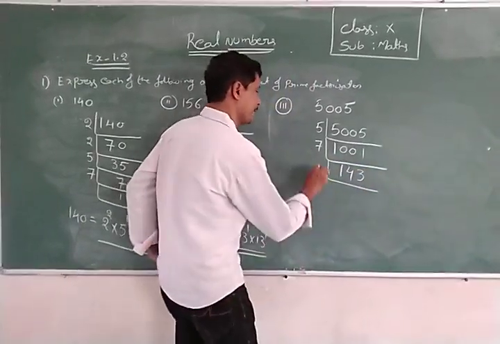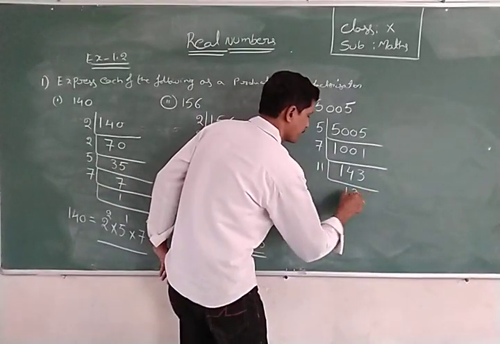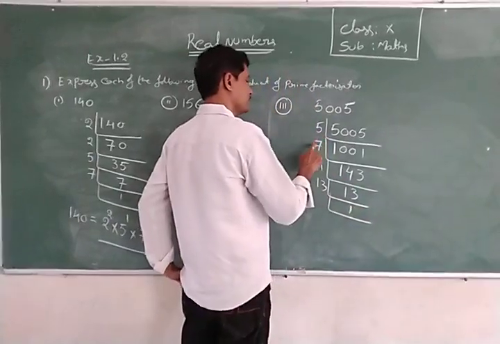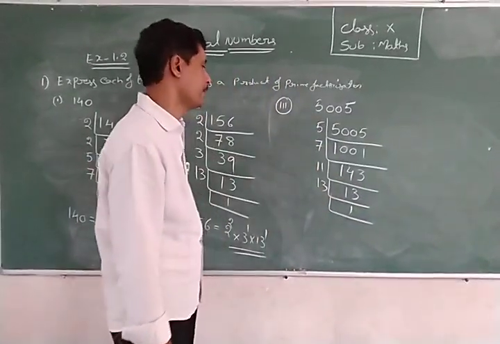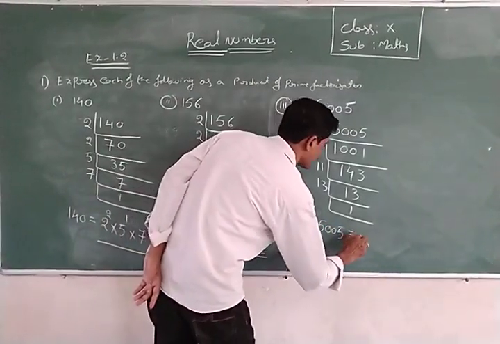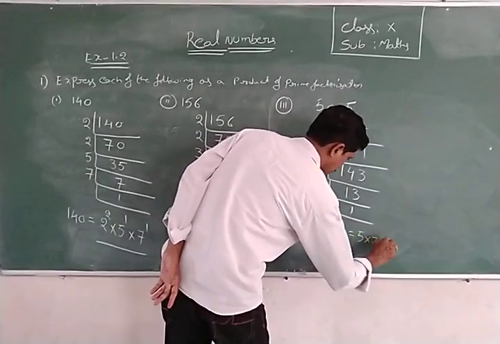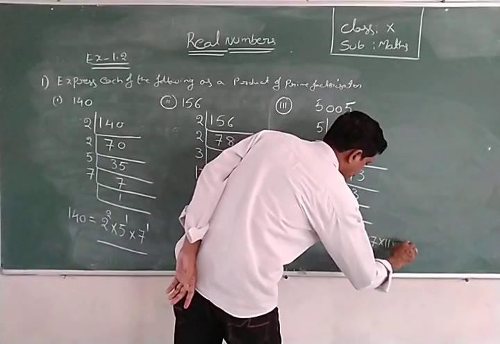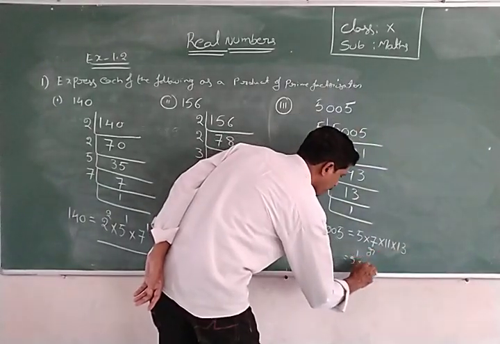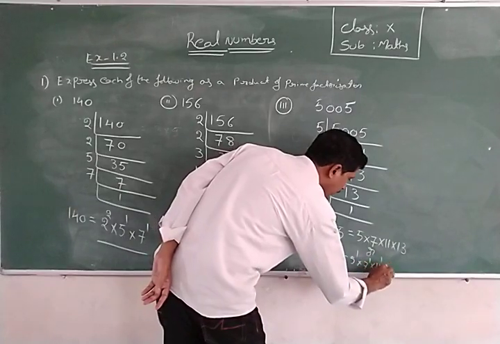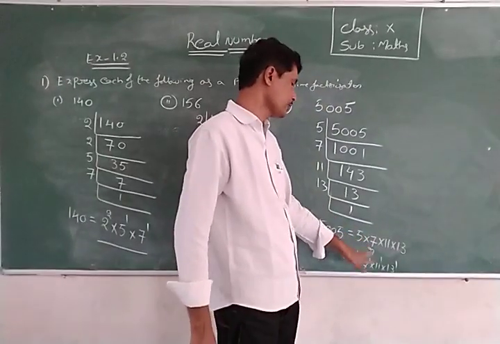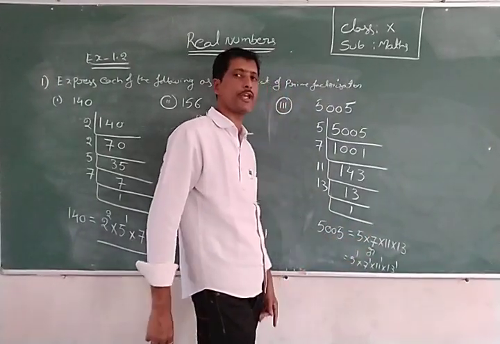Again the 11 table, 11 times 13. Here again 13 once. So 5, 7, 11 and 13 are all prime numbers. 5005 can be written as 5 into 7 into 11 into 13. This is also correct, or 5 power 1 into 7 power 1 into 11 power 1 into 13 power 1. Both are the same, and 5 power 1 or 5 are the same.